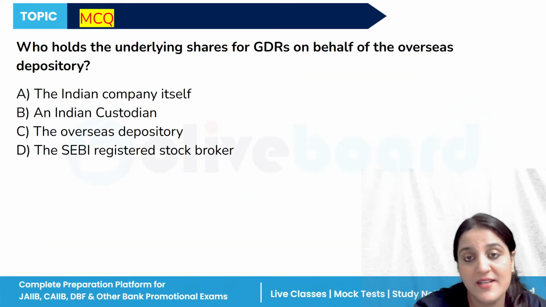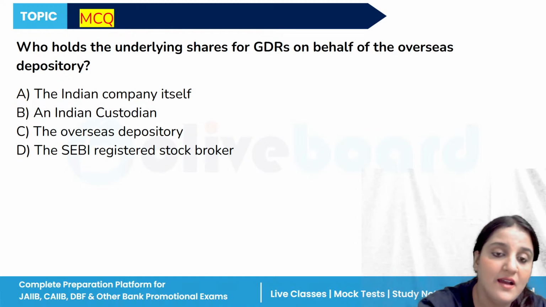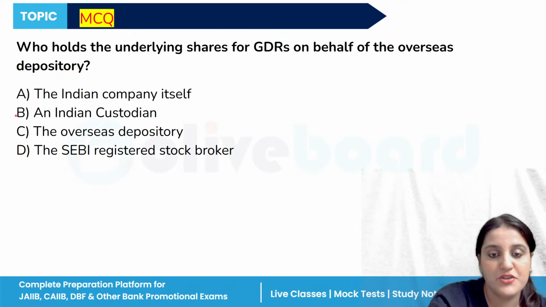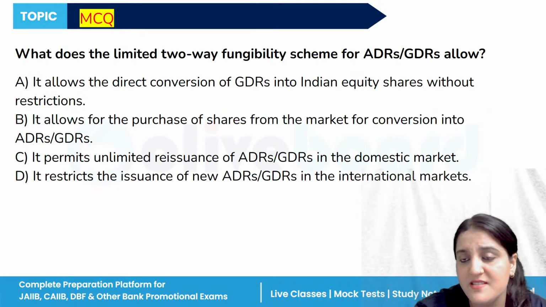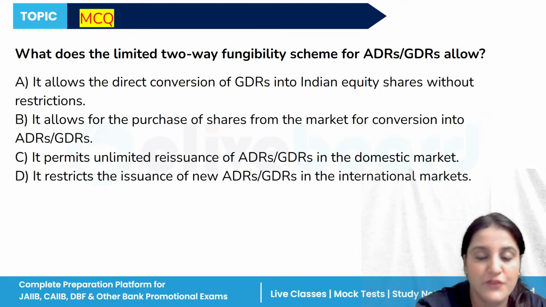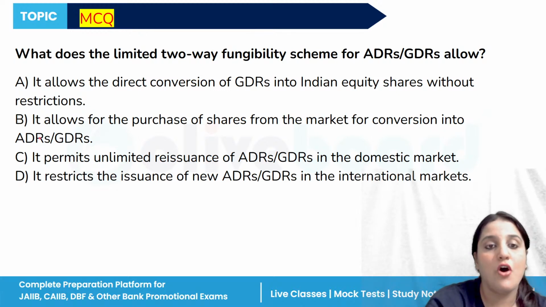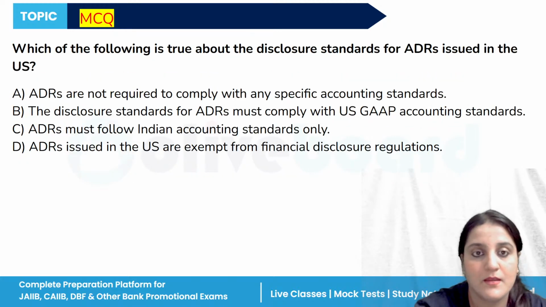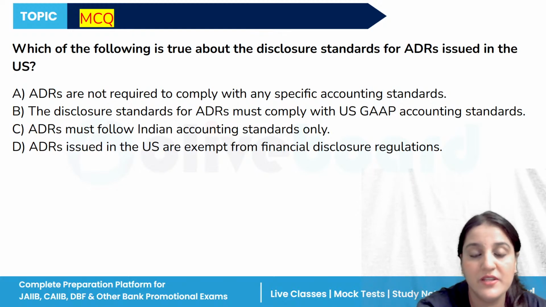Who holds the underlying shares for GDRs on behalf of the overseas depository? The Indian custodian. Option B is correct. What does the limited two-way fungibility scheme for ADRs and GDRs allow? It allows the purchase of shares from the market for conversion into ADRs and GDRs. So option B is correct. Which of the following is true about the disclosure standards for ADRs issued in the US?